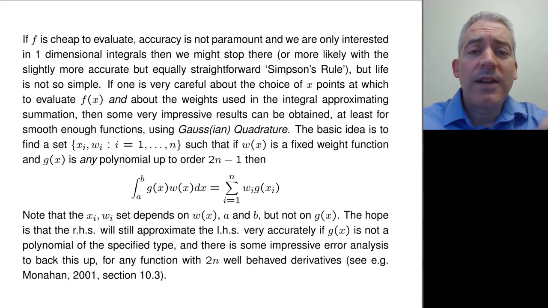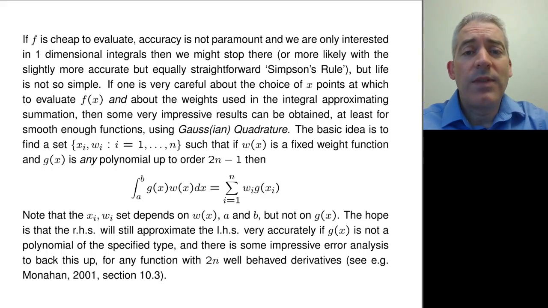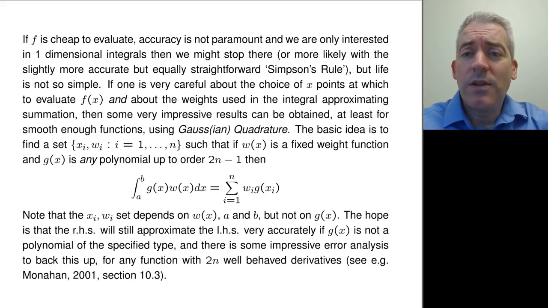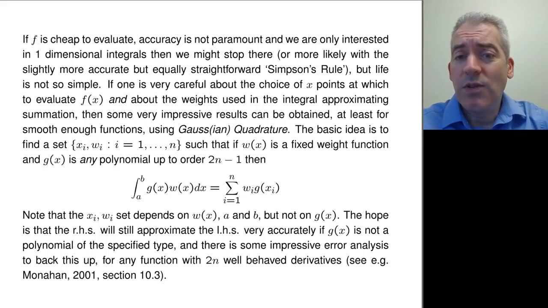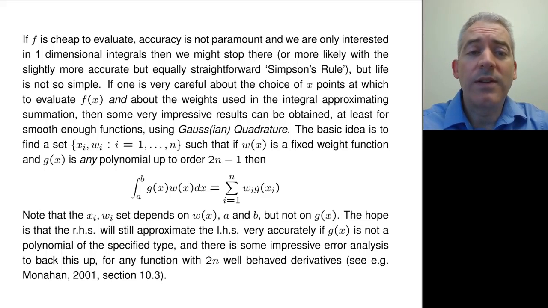But it turns out there's a whole other class of methods, motivated somewhat differently, that can perform astonishingly well in certain situations. They can also fail badly, so they're not magic, but you'll see they appear to be magic if you try them on smooth functions. So Gauss quadrature, sometimes called Gaussian quadrature, is a different strategy for numerical integration.